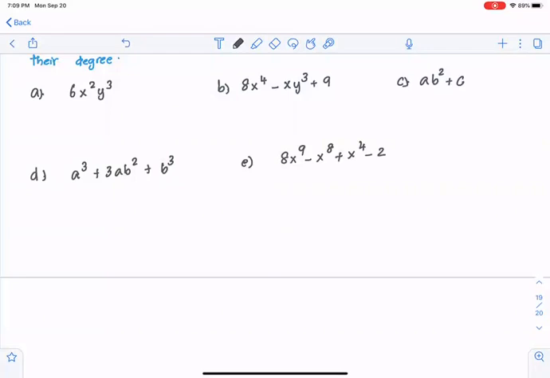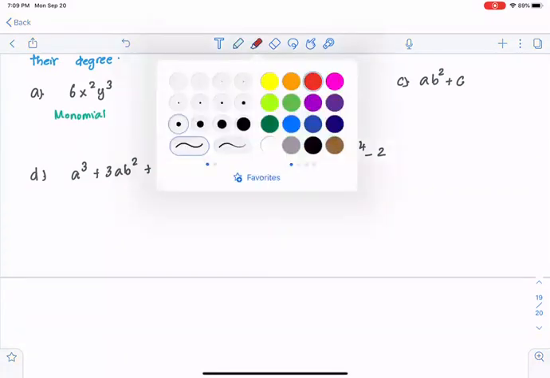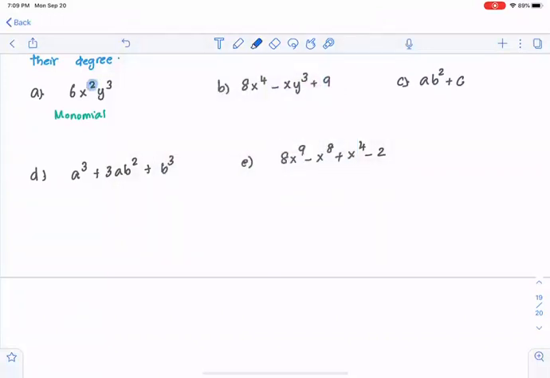So the first one has only one term, so it is a monomial. If you look at the degree though, we have 2, we have 3.